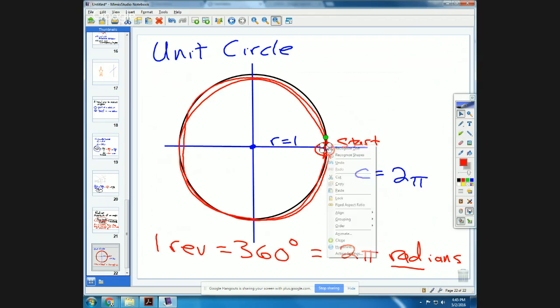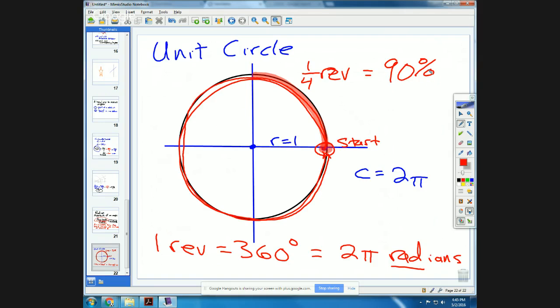Like if I start here and I go to there, I've gone a quarter of a revolution, right? How many degrees have I gone? 90 degrees.